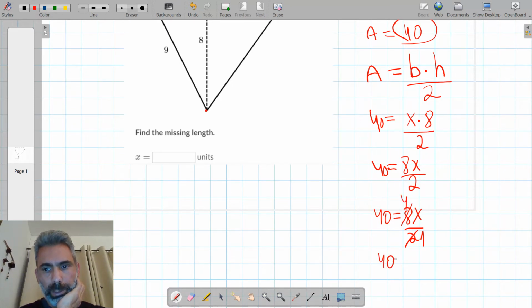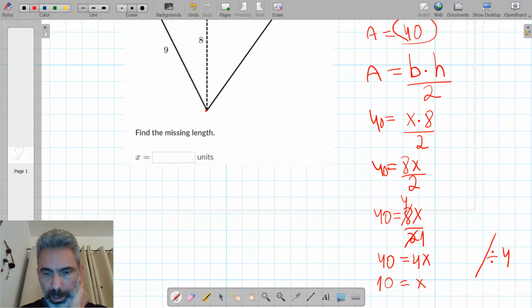So 40 equals 4x, because 4x divided by 1 is 4x. And now to isolate the x, I need to divide both sides of the equation by 4. So on the right hand side I have x, and on the left hand side I have 10. So x equals 10 units.